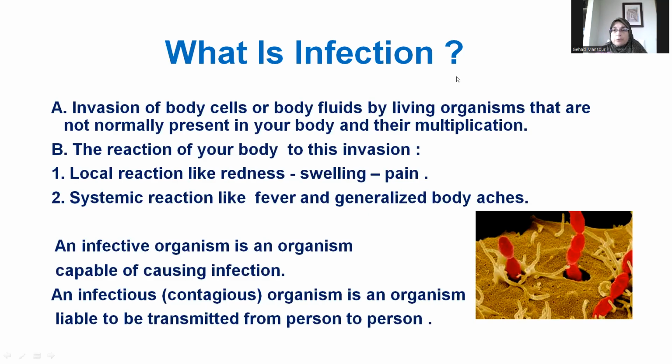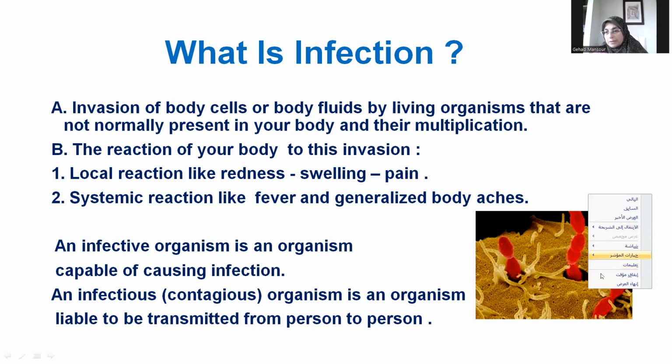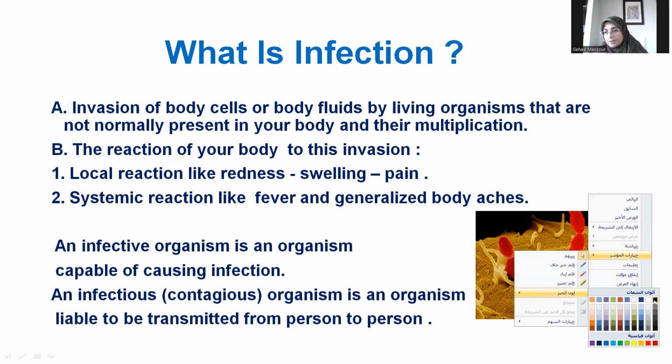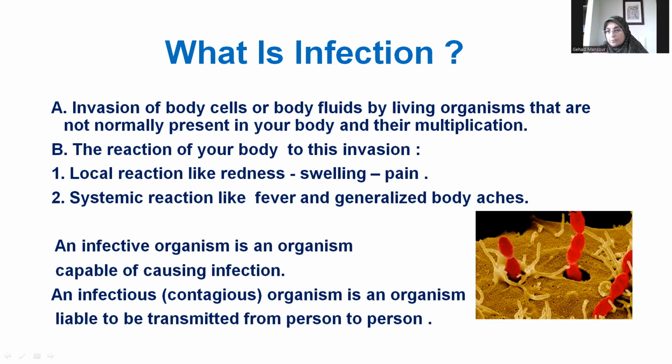The most important condition for a bacterium or an organism in general to be infectious and to cause infection is to penetrate your body cells. In this diagram, for example, you can see a chain of spherical bacteria, and these bacteria succeeded in making a hole in the skin and penetrating the skin surface.